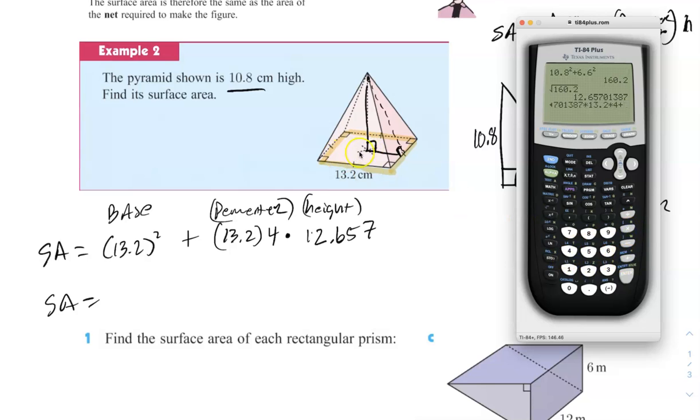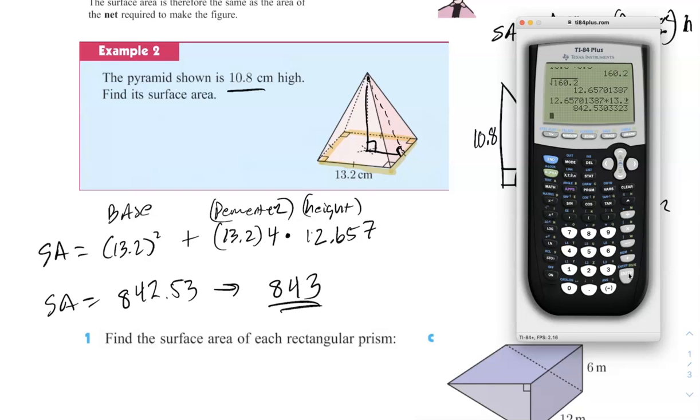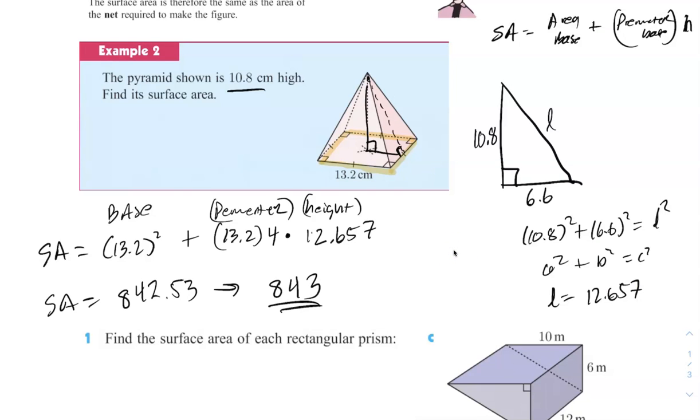Then we add the area of the base, which is 13.2 squared, because even though it looks like a rectangle, it is a square. All squares are rectangles, but you know what I mean. And we get our answer. Here I'll put 3 sig figs: 842.53, so 3 sig figs would be 843. And that's the surface area.